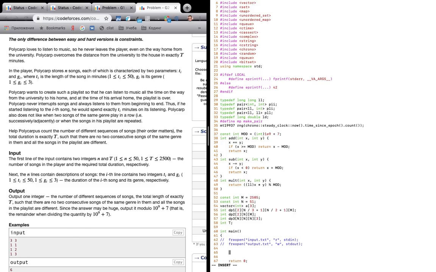We can calculate DP3 not using anything.